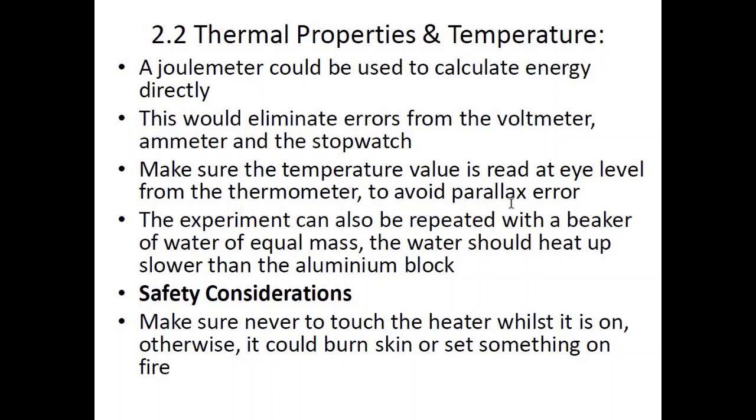A joule meter could be used to calculate energy directly instead of using a voltmeter and ammeter. This would eliminate errors from the voltmeter, ammeter and the stopwatch. Make sure that the temperature value is read at eye level to avoid parallax error. The experiment can also be repeated with a beaker of water of equal mass. The water should heat up slower than the aluminum block.